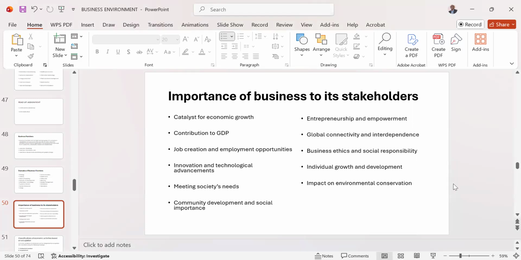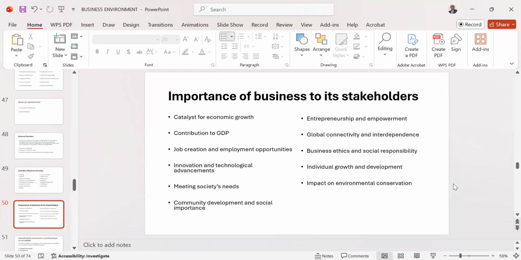Okay, so as I was saying, empowerment is key. It's part of the reason why businesses operate. To be able to empower people, you are empowering your employees, your managers, different people that are stakeholders within that organization.